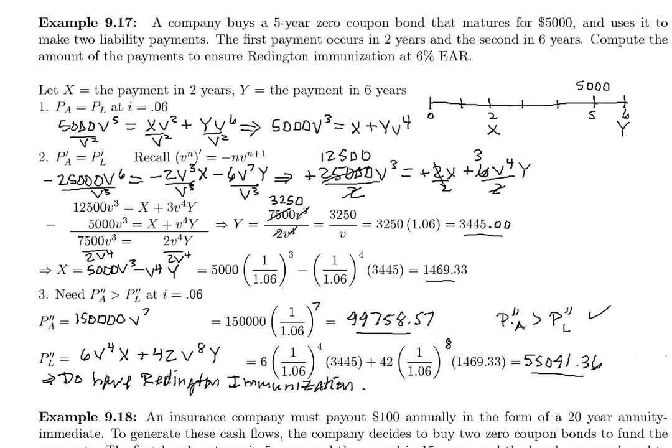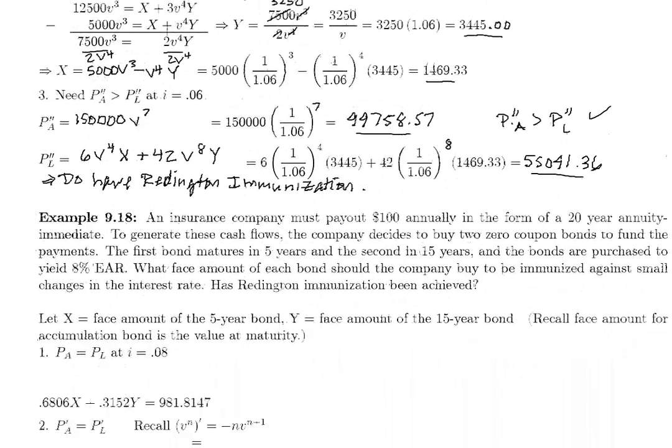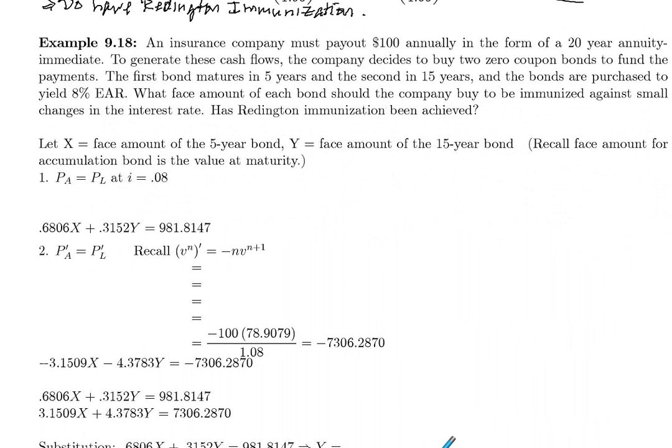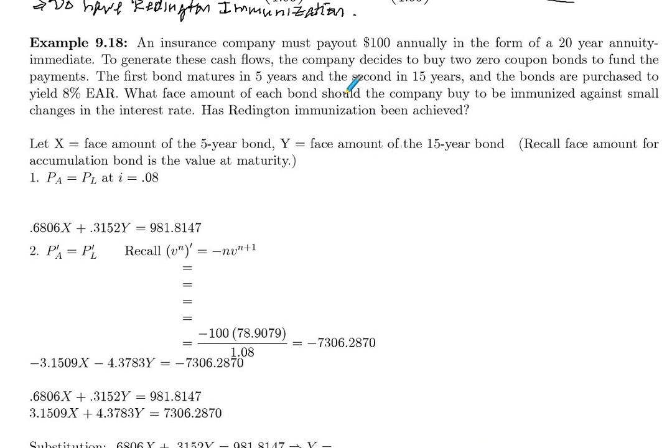All right, let's look at another example here that's a little bit more involved. So here we've got an insurance company and they need to pay out $100 annually in the form of a 20-year annuity immediate. And to generate those cash flows, the company buys 2 zero-coupon bonds to fund the payments.